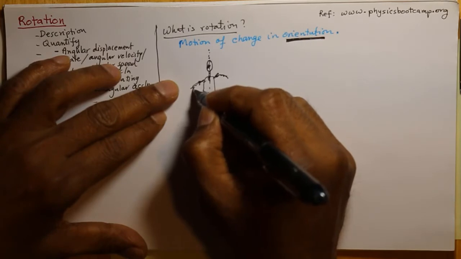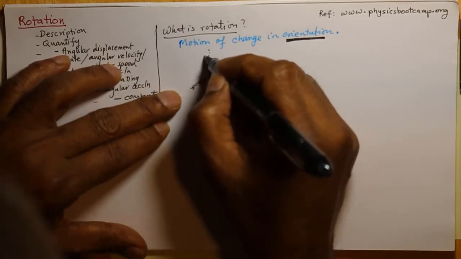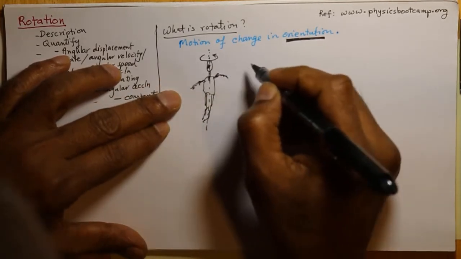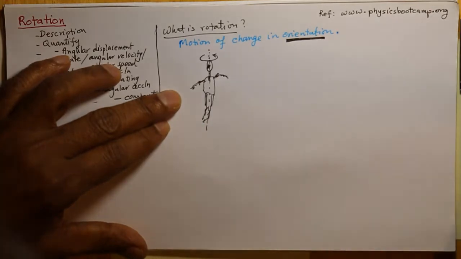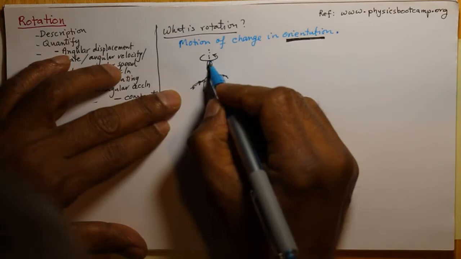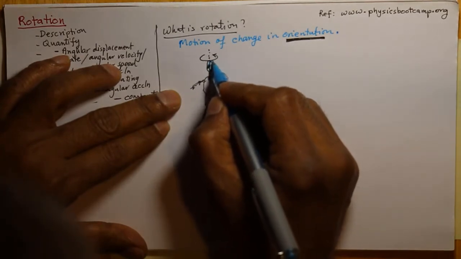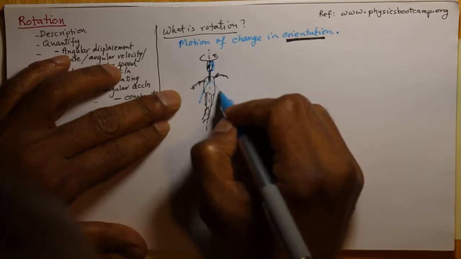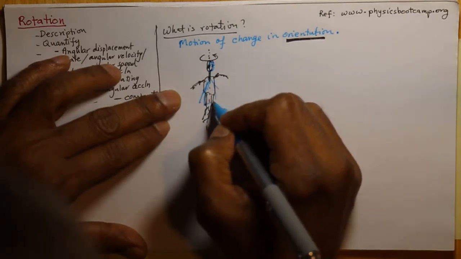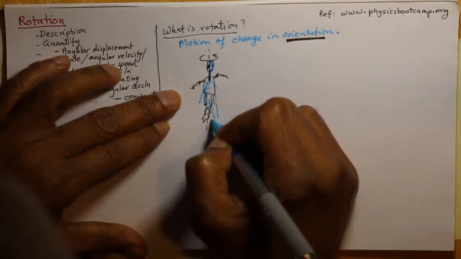Okay, so it's going to rotate this way. If this is at one instant, the next instant the nose maybe is pointed this way, and the hands pointed this way. His body has changed its orientation this way.